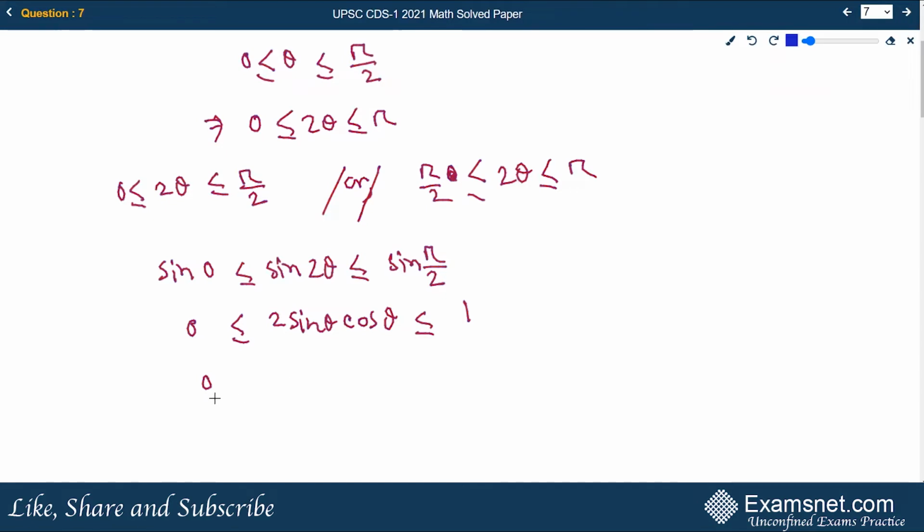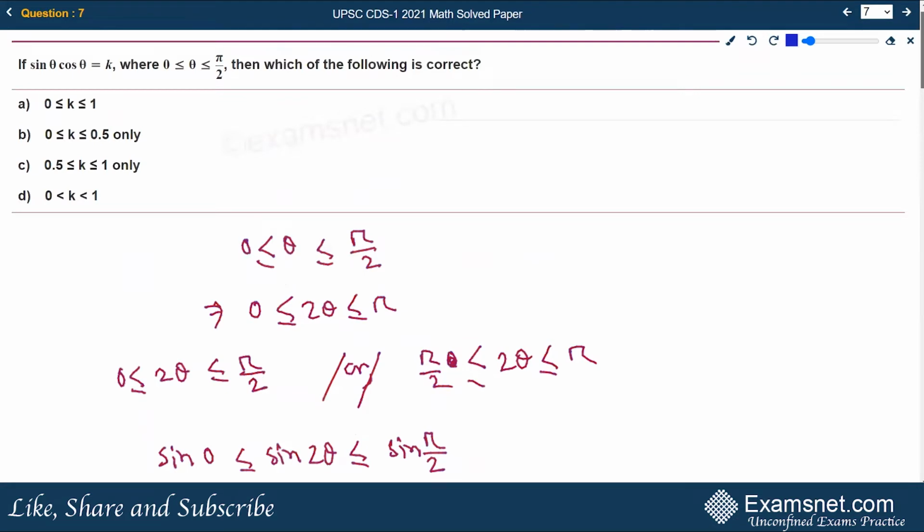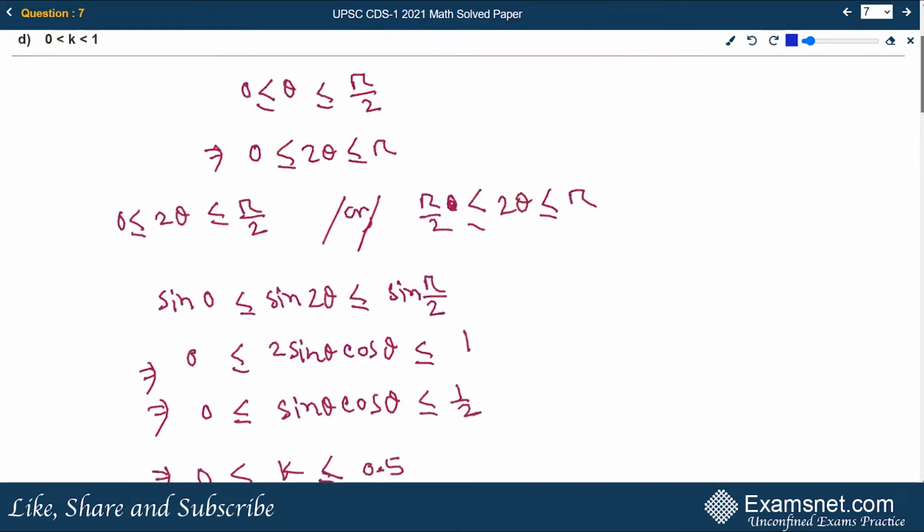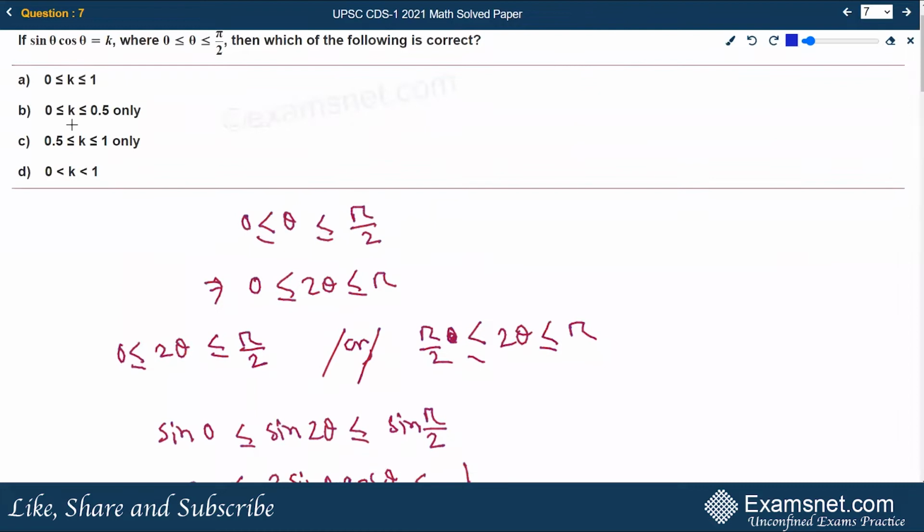Now divide both the sides by 2. So sine theta cos theta by half. Now we are given that sine theta cos theta equals to k. So 0 less than equals to k less than equals to 0.5. So we can see k's values lie between 0 to 0.5 only. So here option B is the correct answer.